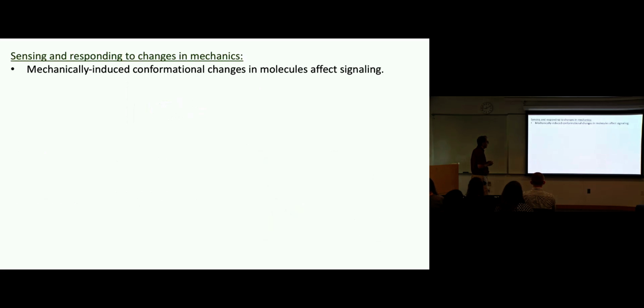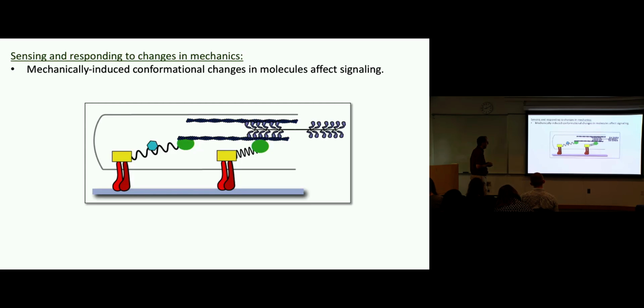Mechanical load also induces conformational changes in molecules that affect signaling. So if you have an extracellular matrix and you have integrins and some kind of adhesion that's attaching to the actin cytoskeleton, mechanical load can change the shape of that molecule and reveal other binding sites.